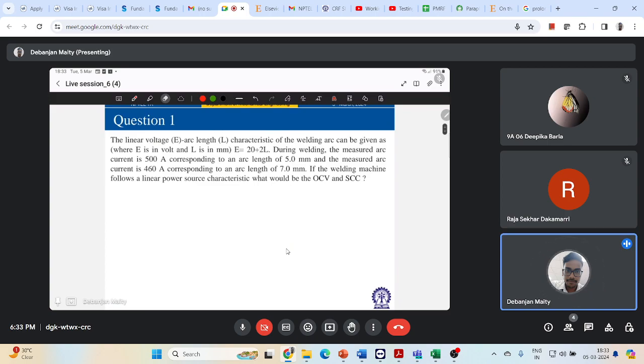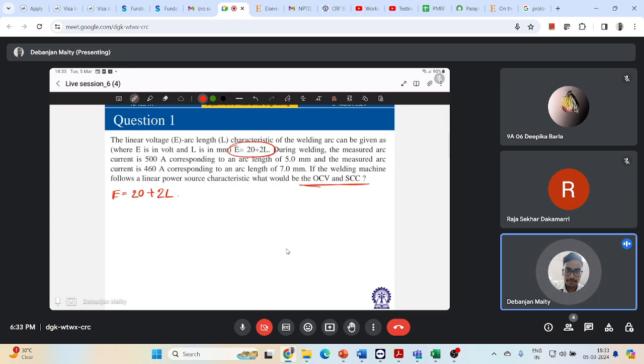So in my first numerical, I have talked about the voltage-length characteristics and finding out what would be my OCV and SCC. I'm not again explaining what open circuit voltage and short circuit current are. It says that the linear voltage arc length characteristic of the welding arc is given as E = 20 + 2L.